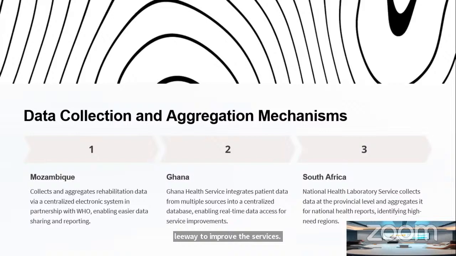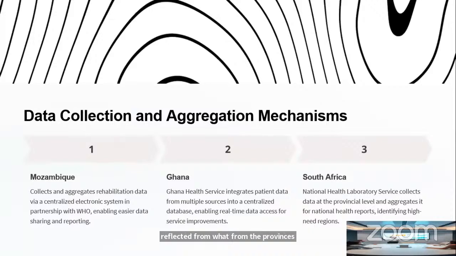Now, the National Health Laboratory Service, that's in South Africa. In their own case, they collect their data from the provincial regions and they aggregate it into what they call their national health reports. And in this, they are able to identify the regions, because the data are collected from the provinces across the country.